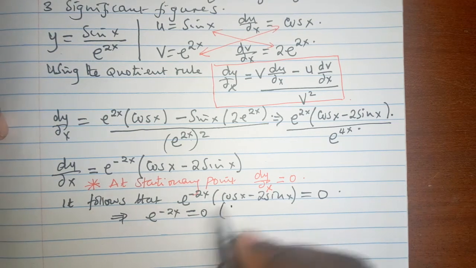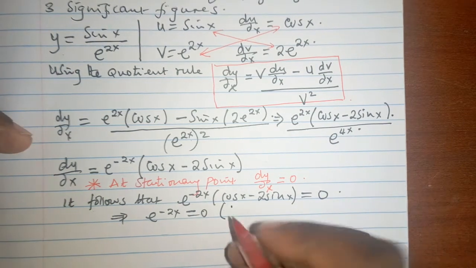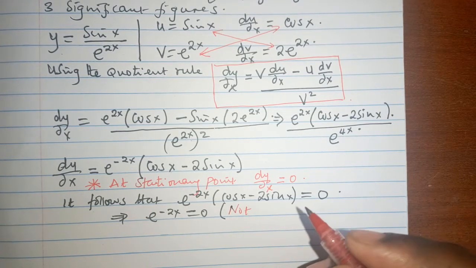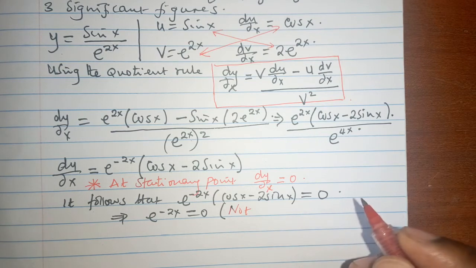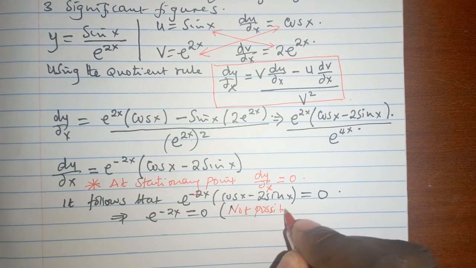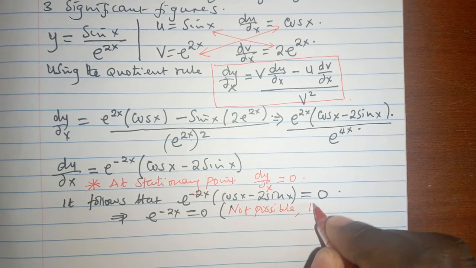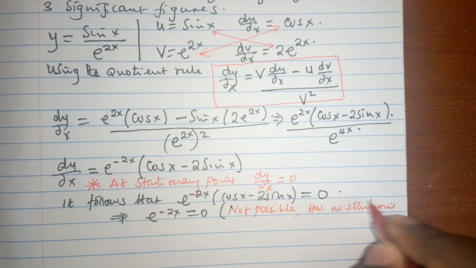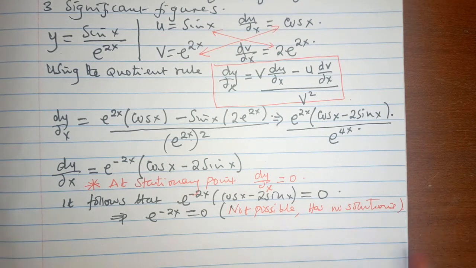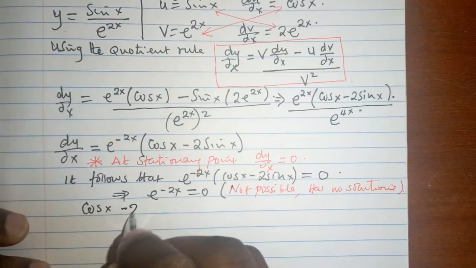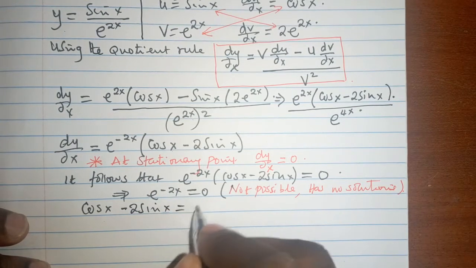So this is not possible; it has no solution. So definitely it is the cosine of x minus 2 sine of x which is 0.